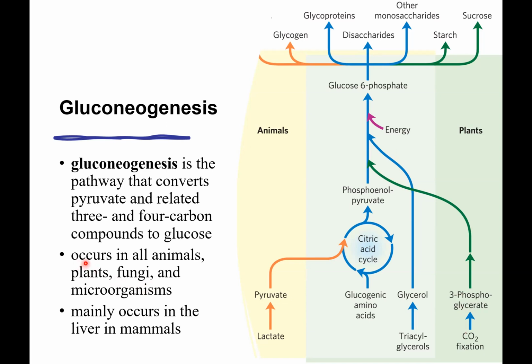Okay, so this gluconeogenic process occurs pretty much everywhere. Mainly occurs in the liver in mammals. We're not doing gluconeogenesis in our muscles, for example, at least not very much, if at all.